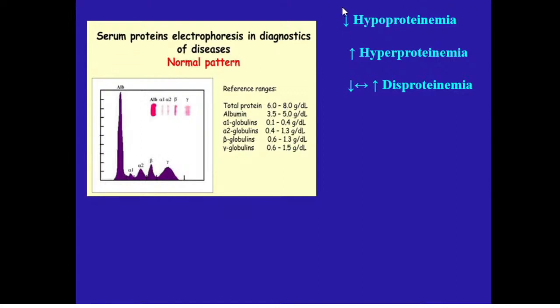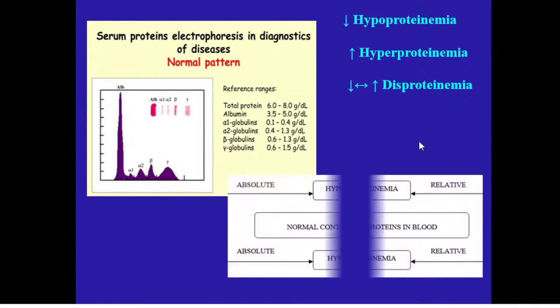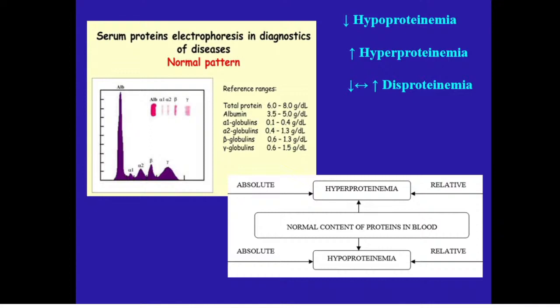So hypoproteinemia is a decreased total quantity of protein, hyperproteinemia is increased, and a disorder between fractions, when one fraction is lower but other fractions are higher in percentage, is named dysproteinemia. It's necessary to explain that hyper and hypoproteinemia can be absolute and relative.